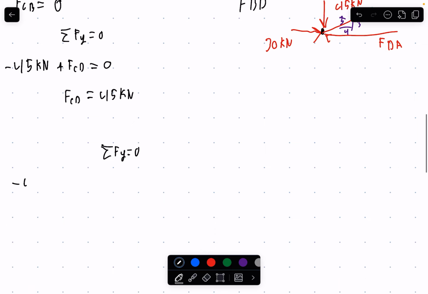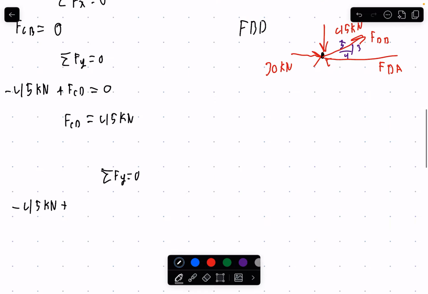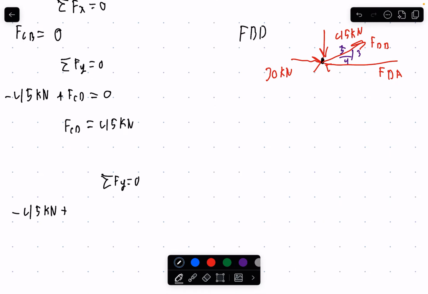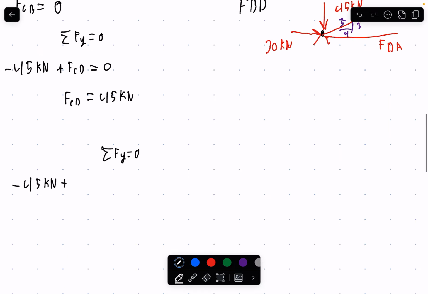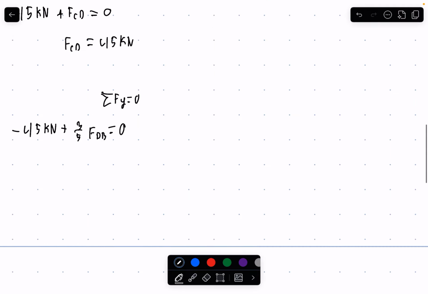So now 45 kilonewtons is acting downward, and then we have the positive vertical component of force DB, which is going to be 3 over 5 force DB, and we're going to set that equal to 0. If you plug that into your calculator, you should find force DB is equal to 75 kilonewtons.